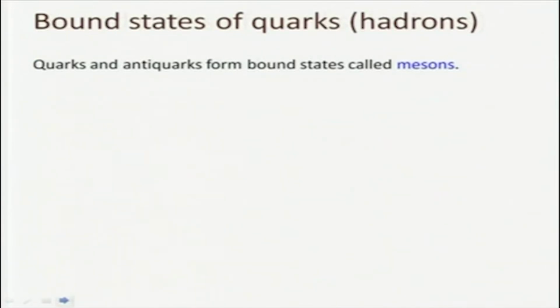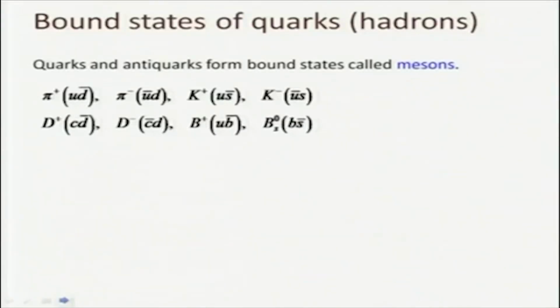Quarks are not free, but are always found in bound states. Quarks and antiquarks form bound states called mesons. For example, we have pi plus, the positively charged pion, which is made of a u quark and an anti-d quark, or d antiquark. Pi minus, on the other hand, is made of a u antiquark and a d quark.